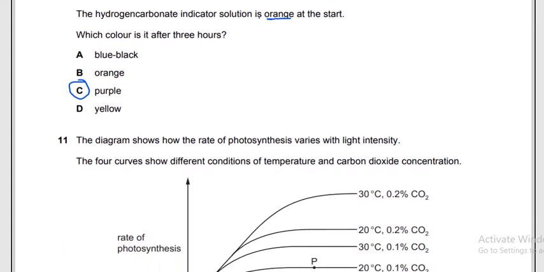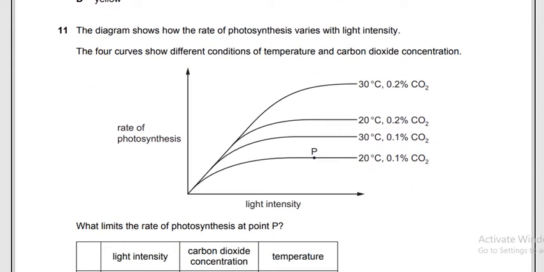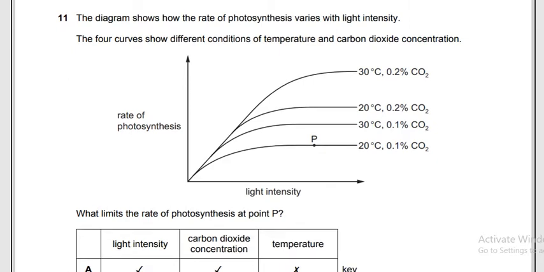The diagram shows how the rate of photosynthesis varies with light intensity. The 4 curves show different conditions of temperature and carbon dioxide concentration. What you should know is that here we have 30 degrees Celsius, which is the optimum, so the rate of photosynthesis here is high.